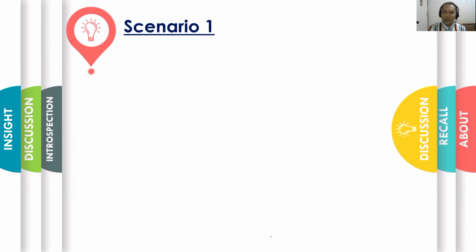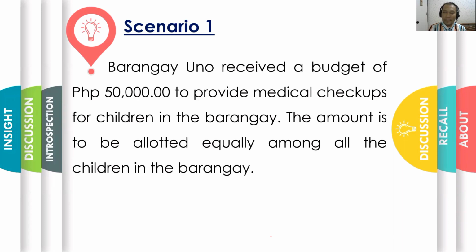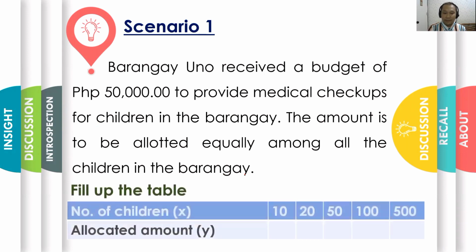Now, I do have here scenario number 1. Suppose Barangay Uno received a budget of 50,000 to provide medical checkups for children in the barangay. The amount is to be allocated equally among all the children in the barangay. Now, fill up the table.